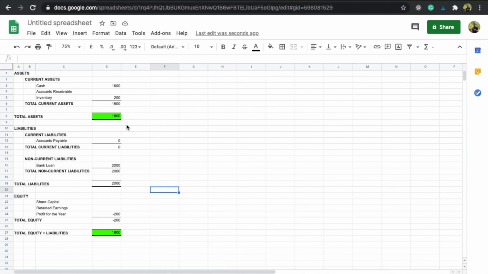If we invoiced them £200 for these t-shirts, we would recognise income of 200 as a credit, and because they're paying on 30 days credit, we're not going to be recognising the cash. Instead, we're going to recognise it as accounts receivable. So we're going to recognise £200 in our accounts receivable as our debit, and then our credit is going to go to profits of the year because it's income.